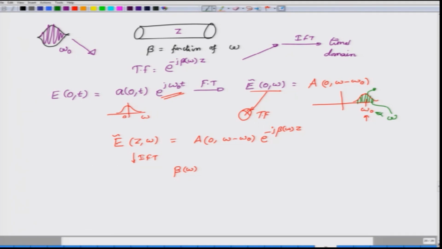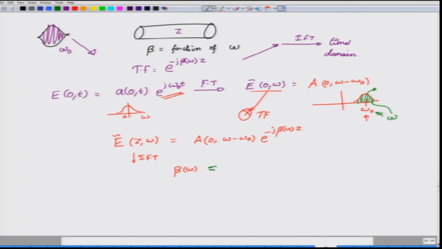So, I have omega 0, which is my carrier, which I know beforehand. I can express this beta of omega for any frequency omega that is slightly away from omega naught, a slight deviation from omega naught.